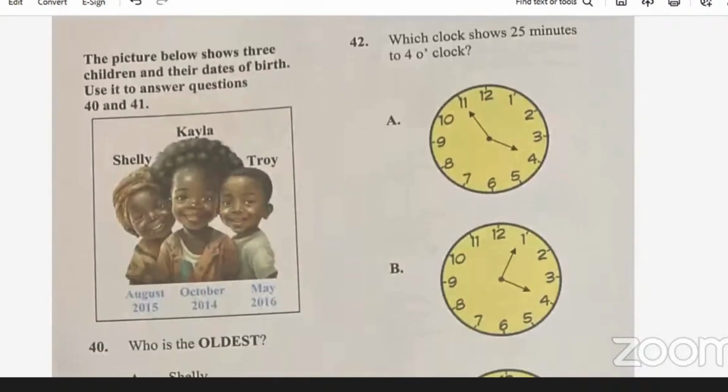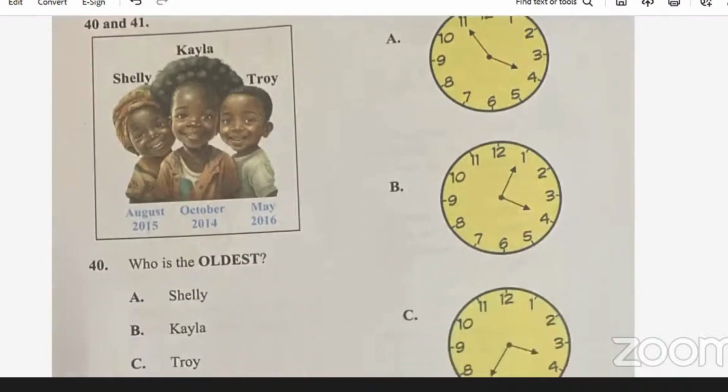All right, so again, there's a picture that shows 3 children and their dates of birth. Use it to answer questions 40 and 41. So we have Shelley, August 2015, Kayla, October 2014, and Troy, May 2016.